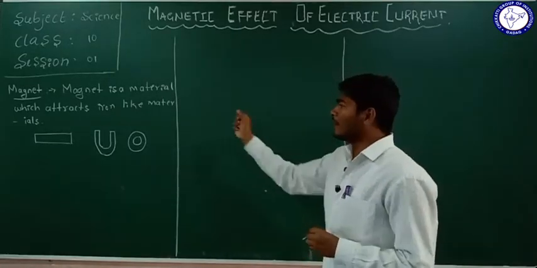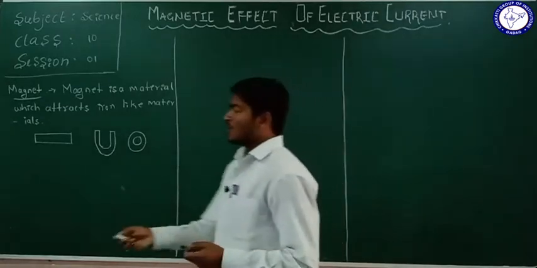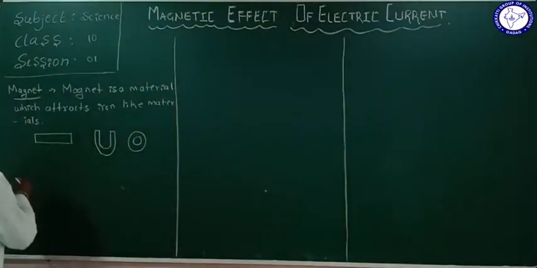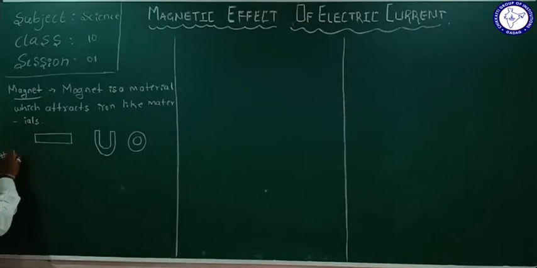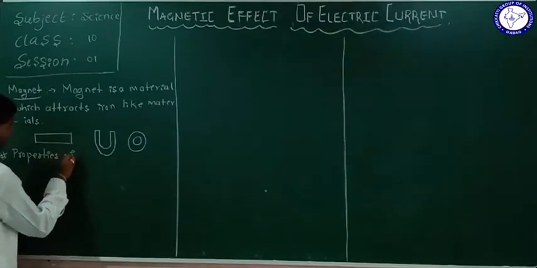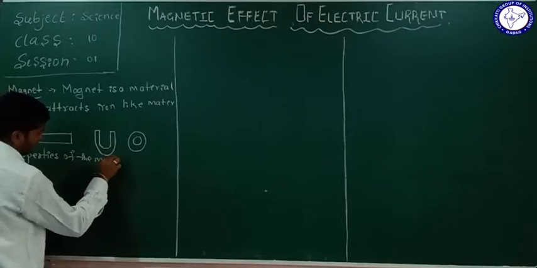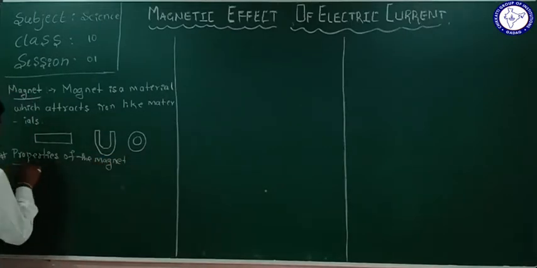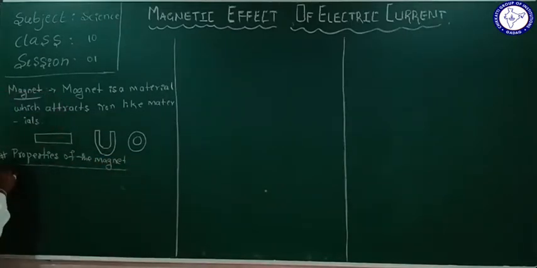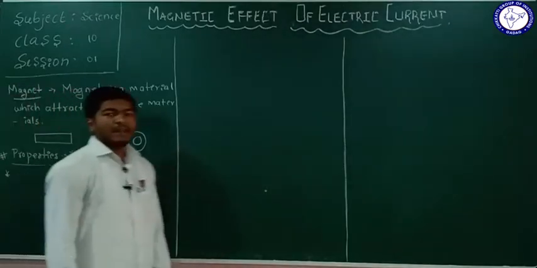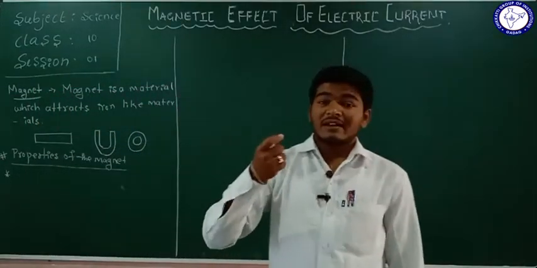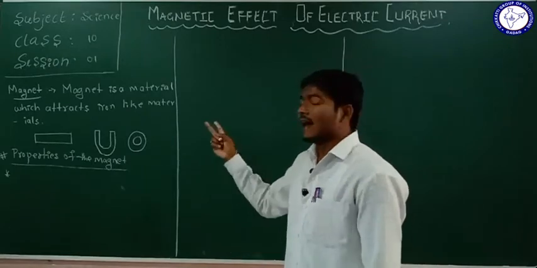Then what are the properties of the magnet? First property: when you consider any magnet, it always has two poles.